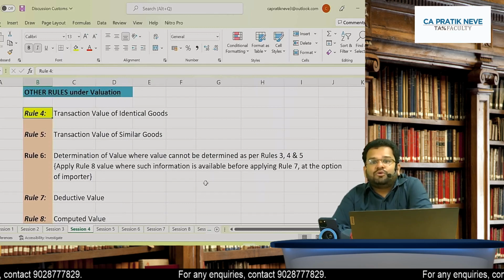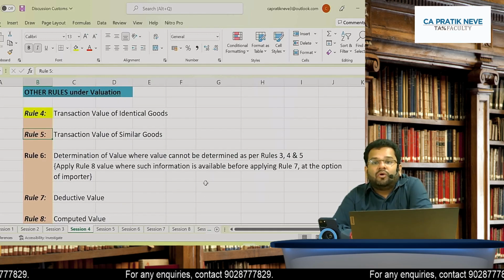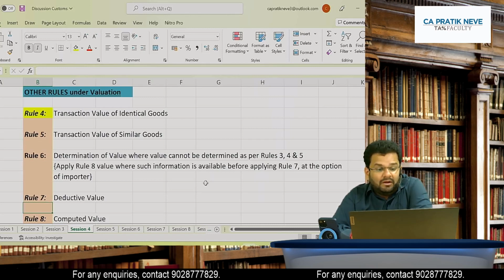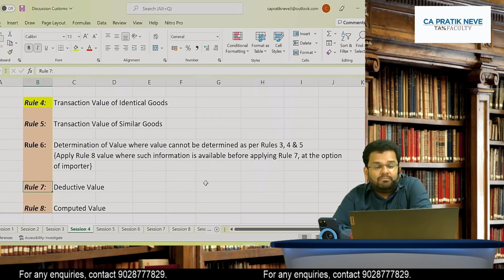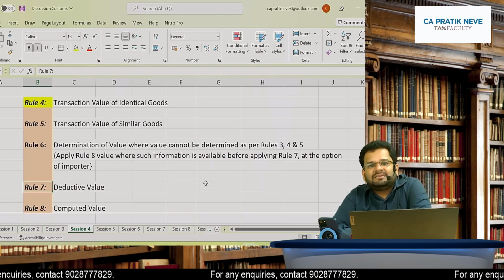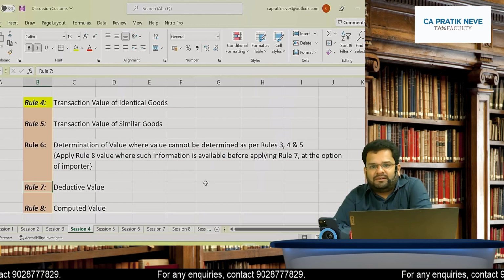First you will try 4. If 4 is not becoming applicable, you will go to 5. If that is not becoming applicable, then rule number 6 says you can follow 8 before 7. In short, the sequence could be like this: 4, 5, 8, 7.